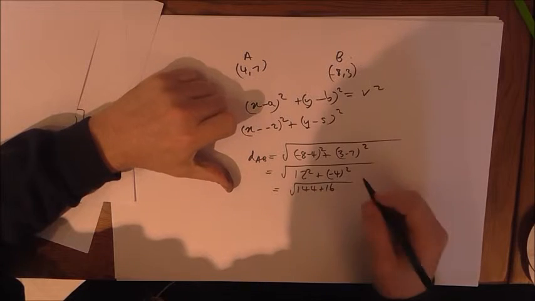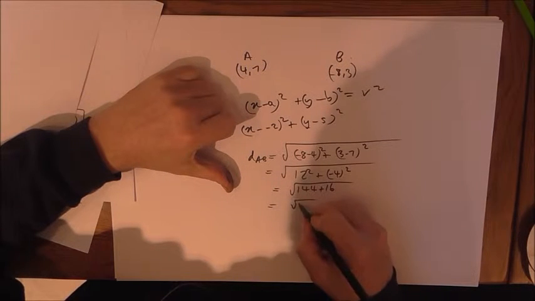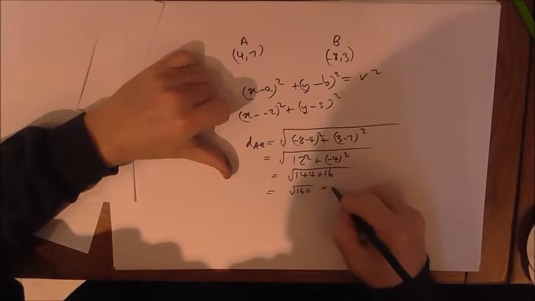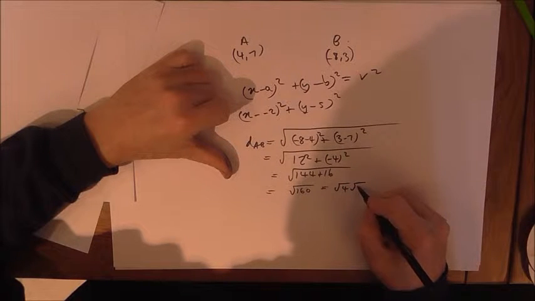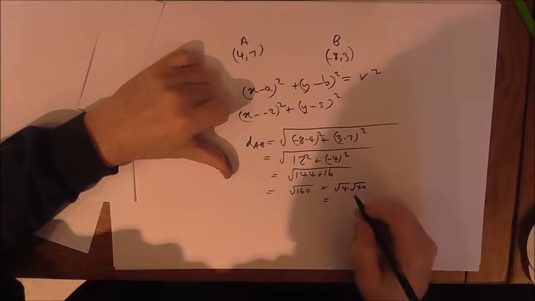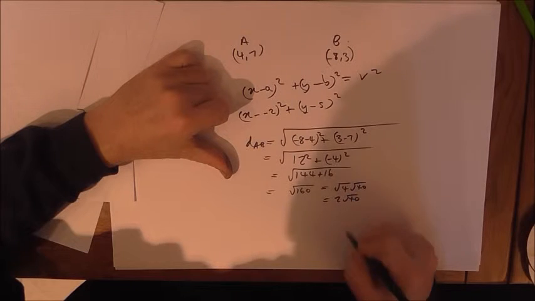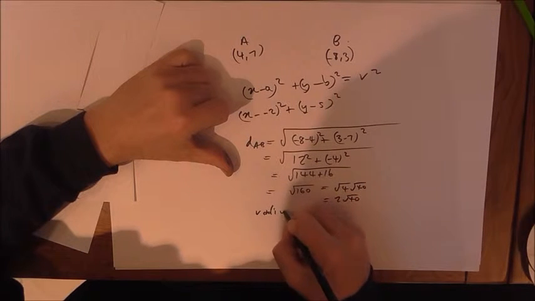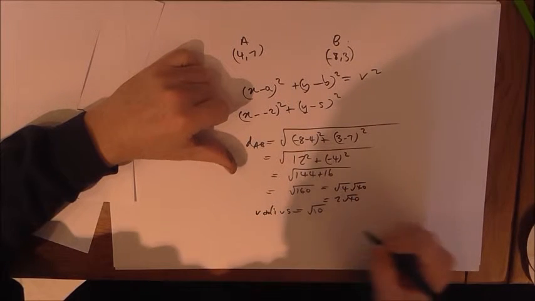So the radius is half of that. Just simplifying this because it'll be easier to take half of it. So the radius is half of that, which is root 40.